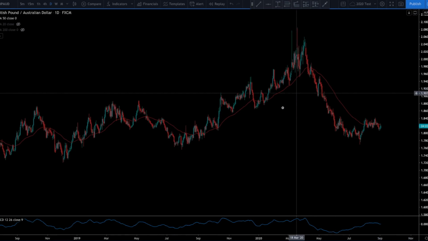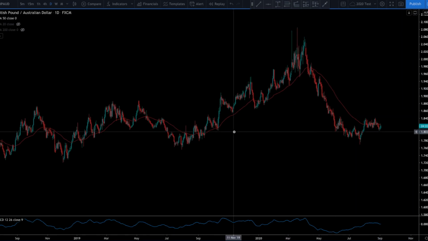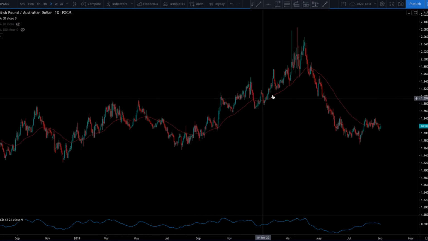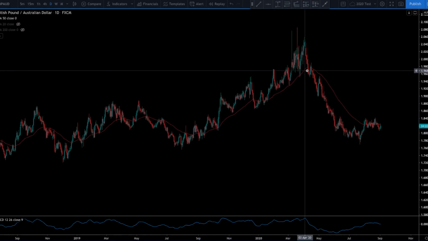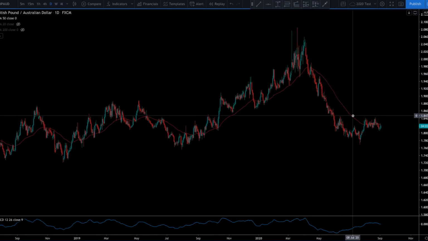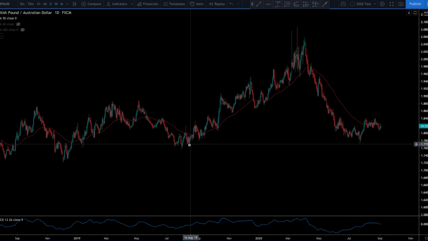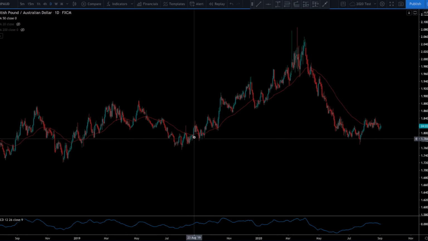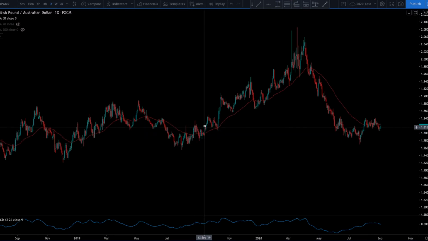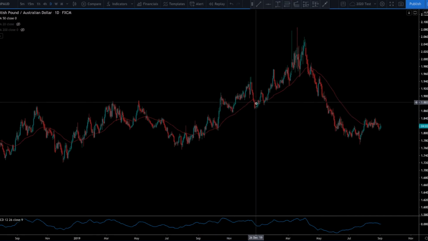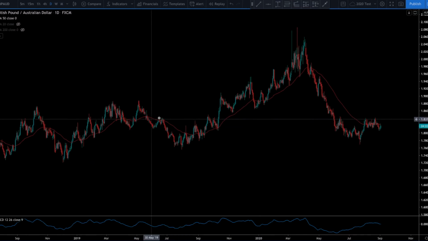What you're looking for on the chart is if the line is going up, it is generally an uptrend. If the line is going down, it is generally a downtrend. I prefer to look at the trend myself, so I like to look at the higher highs, higher lows to be able to tell it's an uptrend. I'm not looking for the direction of the line.